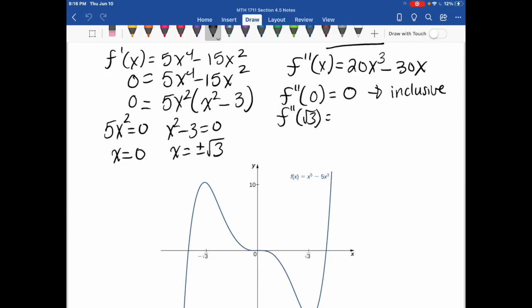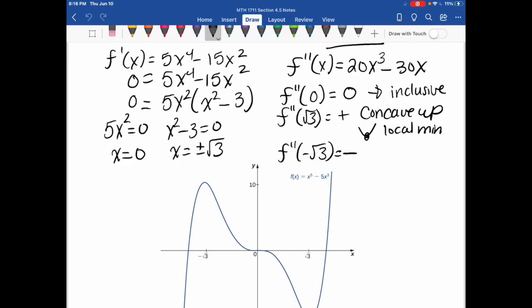When I plug in positive square root of 3 into the second derivative, I'm going to get a positive value, which means on that interval it's concave up, which means at x equals the square root of 3, it has to be a local min.